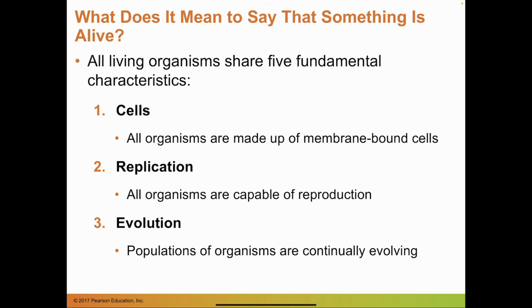Replication, the fact that all organisms are capable of reproduction and replicating themselves, and they can actually do it on their own. This is important because when we talk about viruses, they cannot do this on their own, but living organisms can. And then finally, evolution. So looking at populations of organisms that are constantly evolving. So we're talking about, from the simplest cells of like bacteria all the way up to, what we are, humans. There are processes of evolution constantly happening.